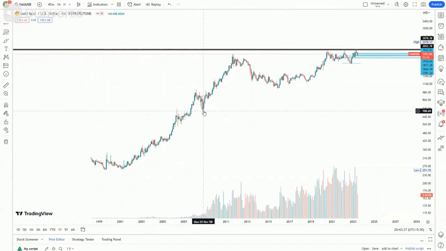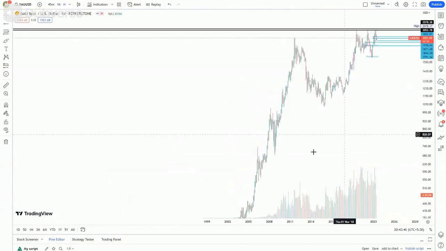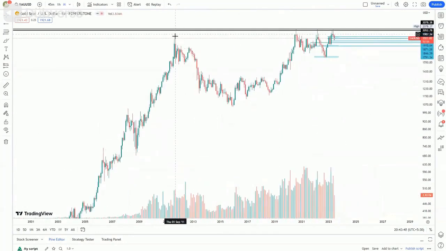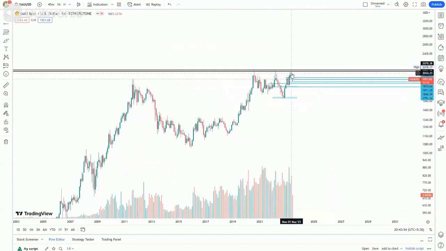And the market went to 1950 or 1920. Then the market took a selling from 1950 to $1,000. After that, the market was still buy side. But now the market is a little sideways.